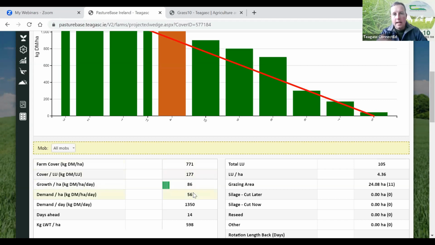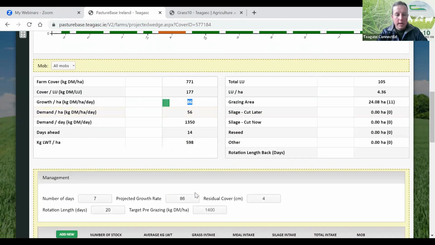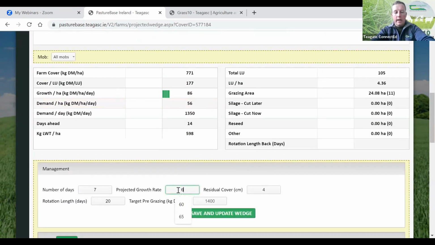Those paddocks that are grazed are given a lower growth rate, about half the farm growth rate. That's why the growth here is 86 and not 92 like it was on the previous page. But say you're predicting that growth rate to go back down to 60 for the week ahead. We can put down 60, and see what it looks like then.